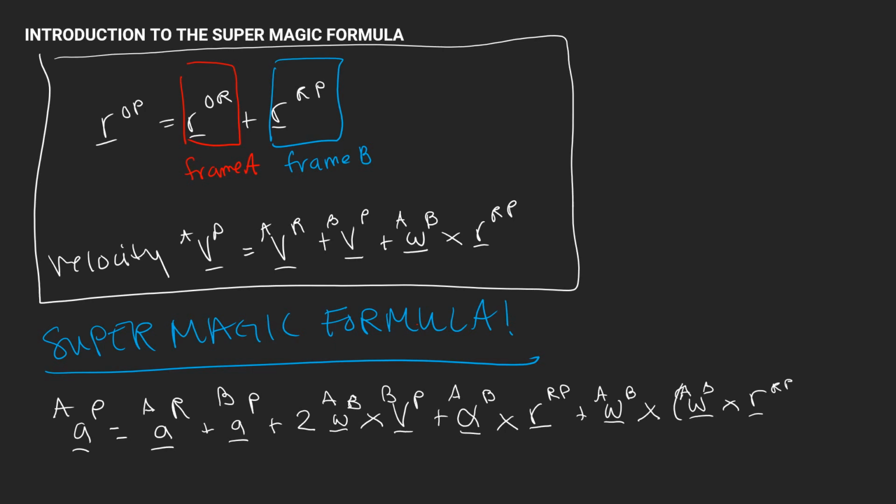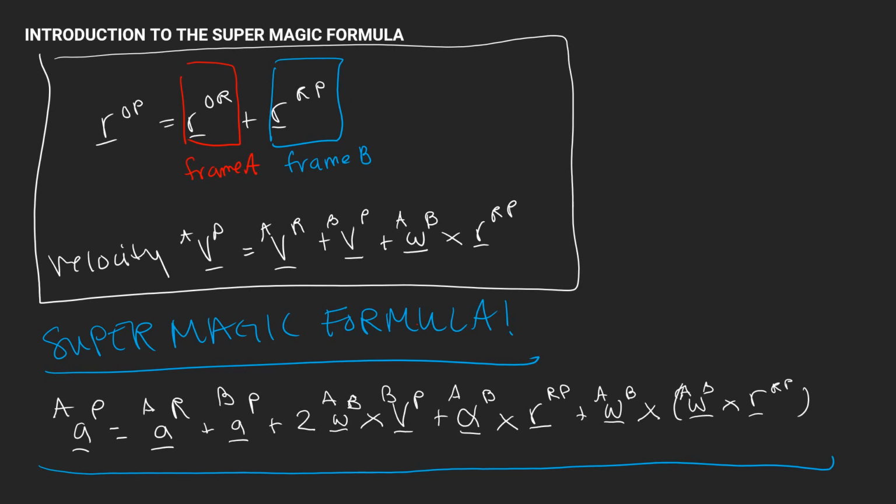This here is the super magic formula. Given the length, I'm sure you can tell why it's called super. But this is very, very helpful in terms of calculating the acceleration, so that once you calculate each of these terms individually, you can get at this acceleration quite quickly.